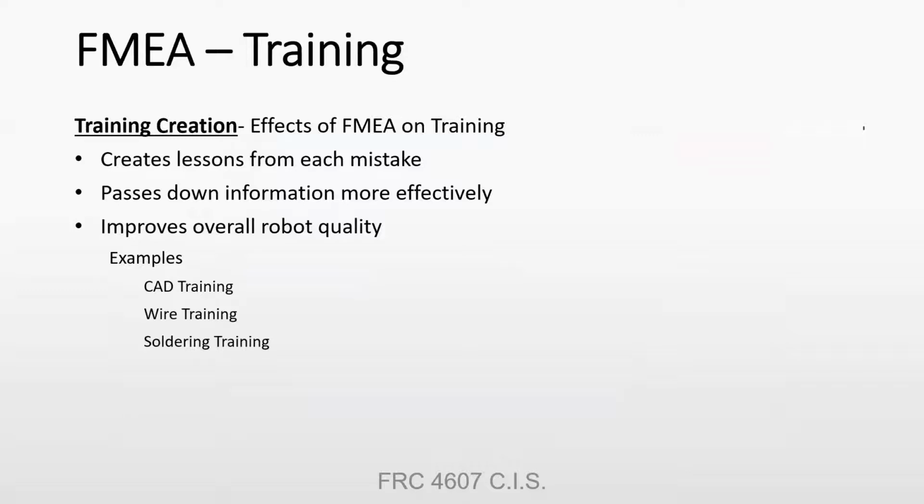So the lessons that we learned aren't just dying when the team's members graduate, because if you have a similar element, they can say, oh, we did this last year, and look at it and see what potential problems they could have, since it is similar. And it improves the overall quality of a robot because you're preventing things that could happen, so you're going to have more success.